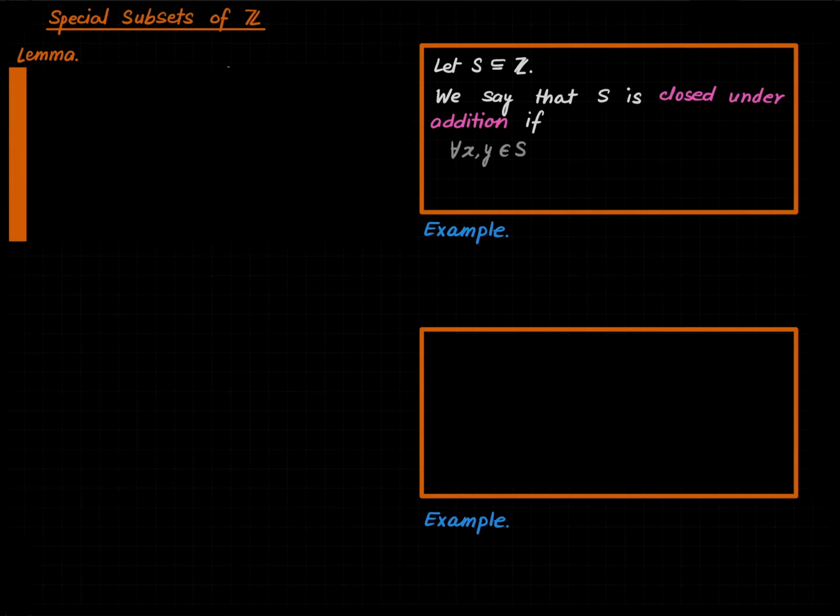It is closed under addition, right? If you pick two elements and add them, they remain there. So it's a natural definition.